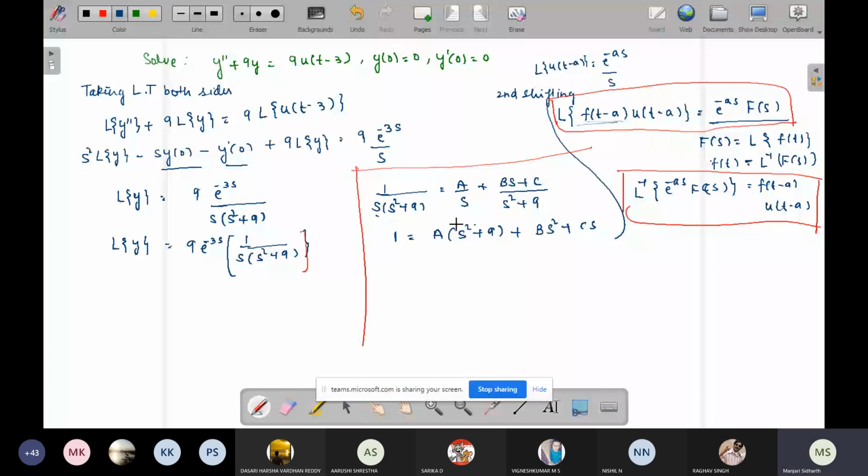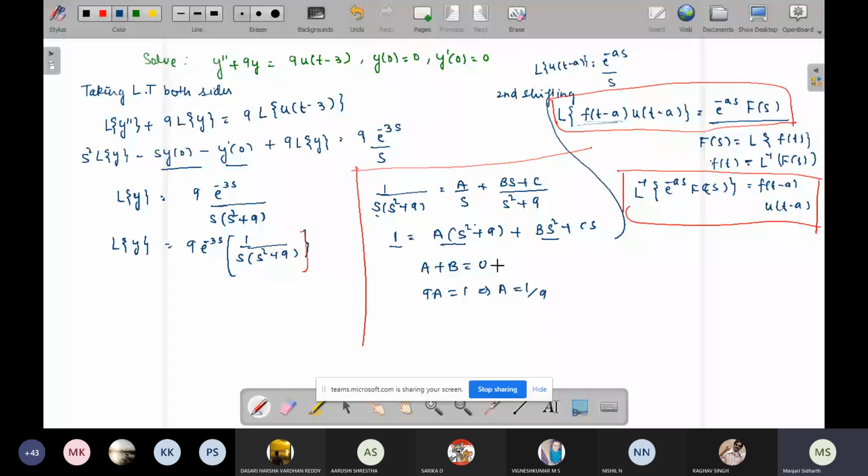Comparing the coefficient of s square, you get A plus B is equal to 0. Comparing the constant term, only one constant term, 9A is equal to 1, that means A is equal to 1 by 9. From here, B is equal to minus 1 by 9.